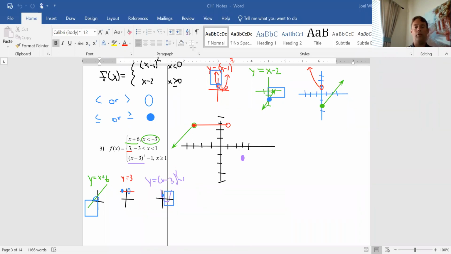I'm going to do the boundary point thing again by taking my 1 and plugging it into my function here. So if I plug 1 in here, 1 minus 3 is -2, squared is 4, minus 1 is 3. So it'd be at 1, 3. And again, that's the same point where this was already open. So I'm going to close it down and I'm going to draw a parabola that will connect them.